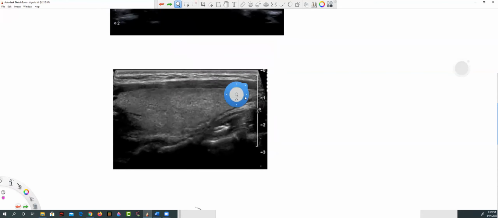And finally, we got a sagittal picture. So this is superior and inferior. See a little bit of vertebrae here. Length would be measured across there.